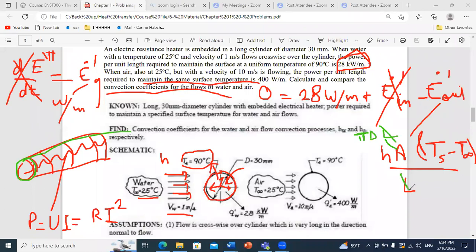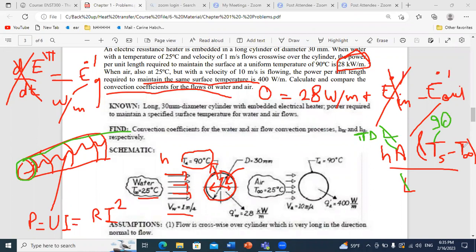And then we just have that the convective heat transfer per unit length is pi times d times h times (T surface minus T infinity). Here T surface is the temperature that we want to maintain. It's 90 degrees. We can keep temperatures in degrees here because it's linear, not like radiation. In radiation, it's T to the power 4, so please, in radiation, don't forget to convert to Kelvin.